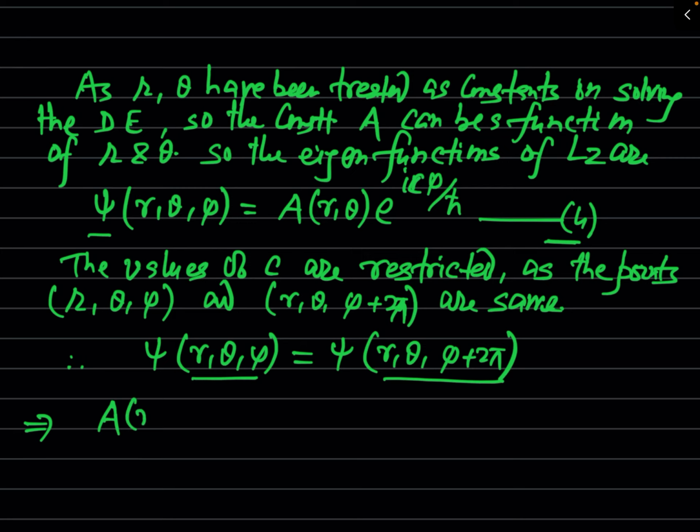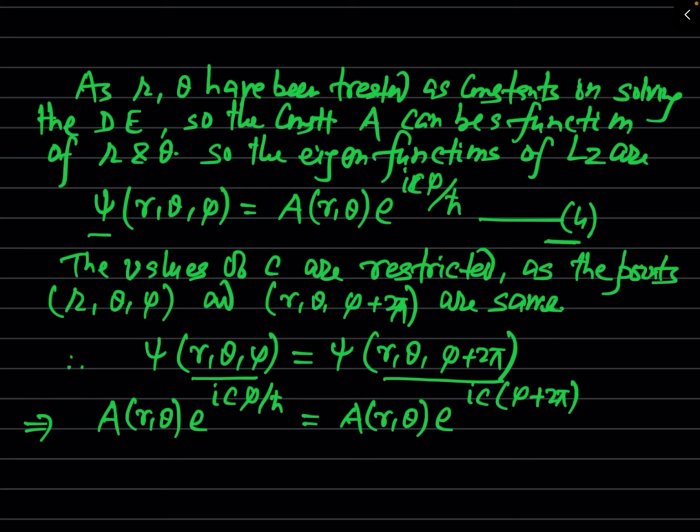By the use of this equation 4, psi of r, theta, phi can be written as A of r, theta times e raised to the power i c phi over h bar, and this is equal to A of r, theta and e raised to the power i c, now instead of phi we will write phi plus 2 pi, divided by h bar.